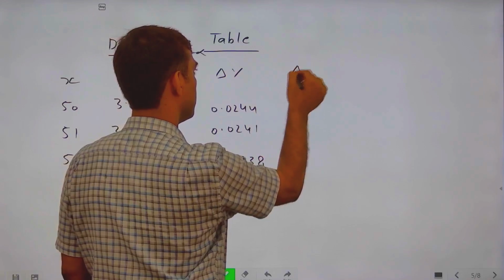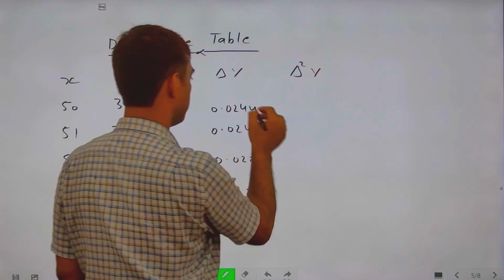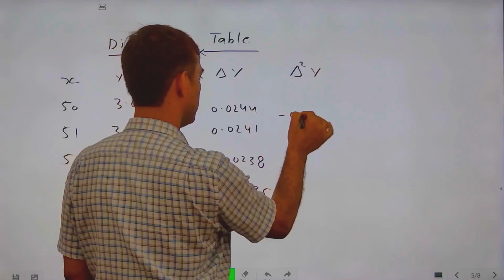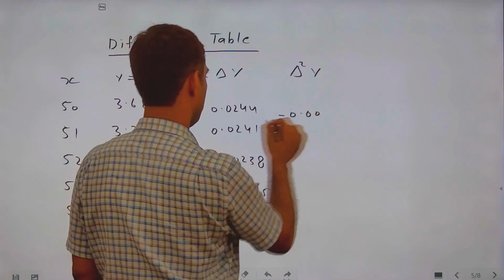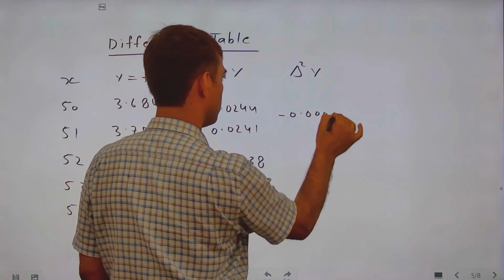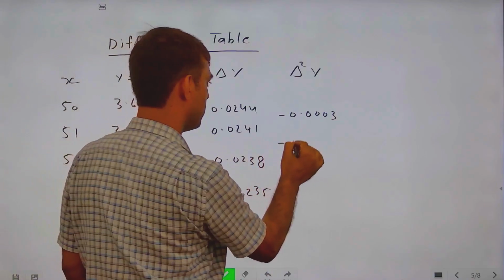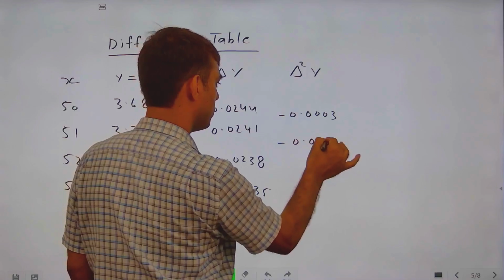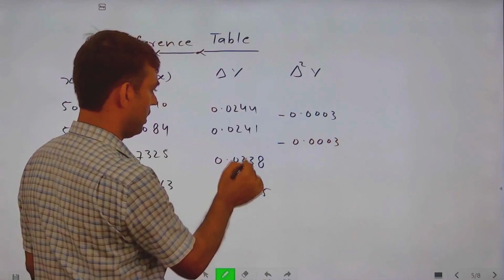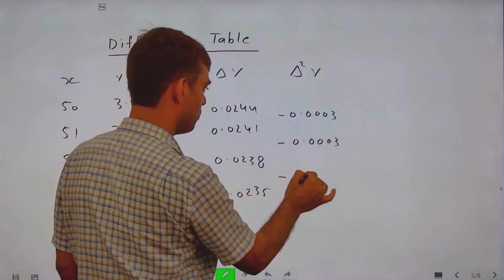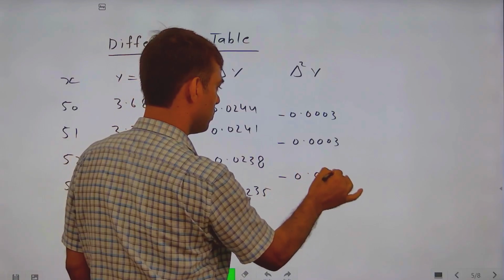Similarly, del 2 y is the difference of these two, minus 0.0003, and the difference of these two minus 0.0003, and the difference of this one is minus 0.0003.